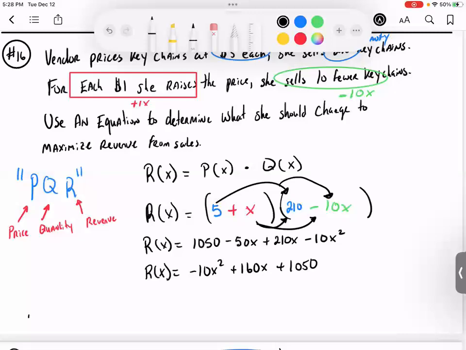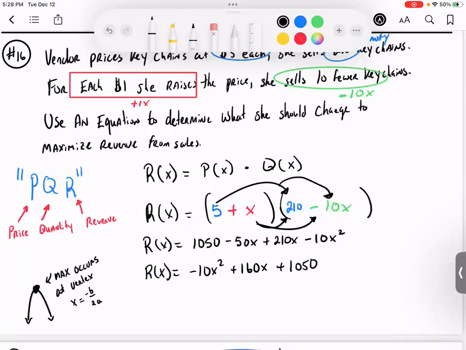When you look at this quadratic function, by the way, will the parabola be a smiley face or a sad face? Meaning, would it go upward or downward? It'll go downward, right? That's right. So if you look at this parabola that I just drew on the side here, your maximum occurs at the vertex. And we know that the x value of that vertex is always negative b over 2a.